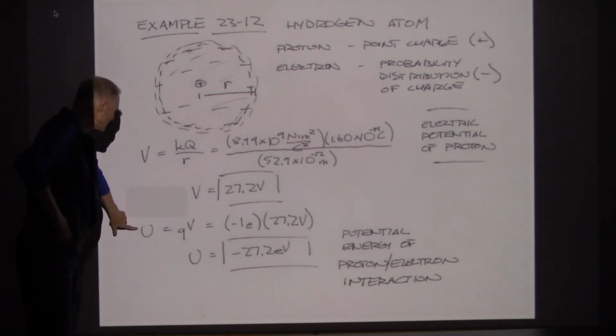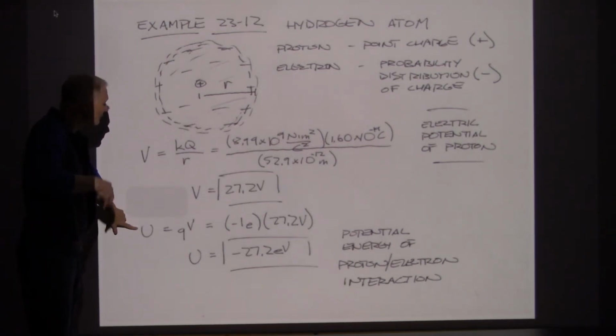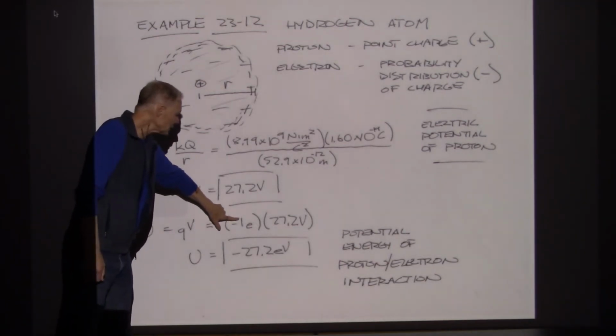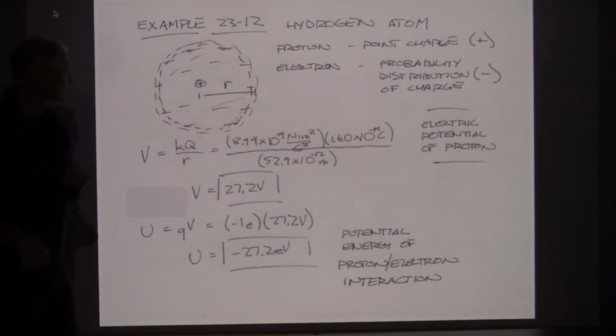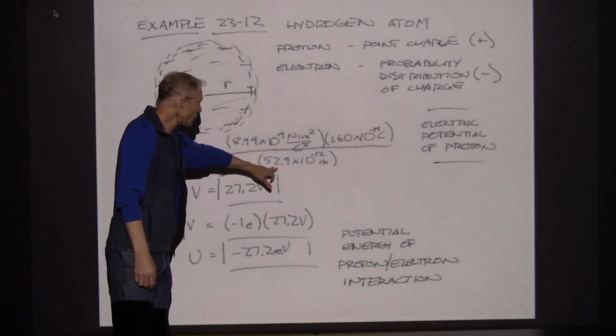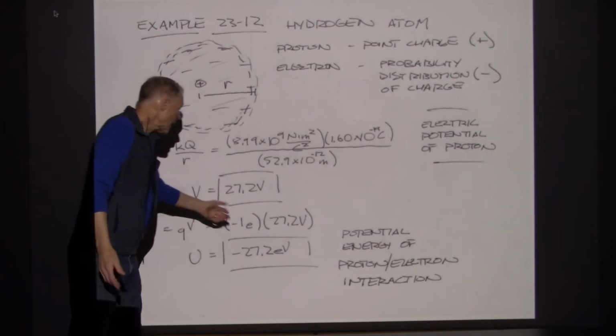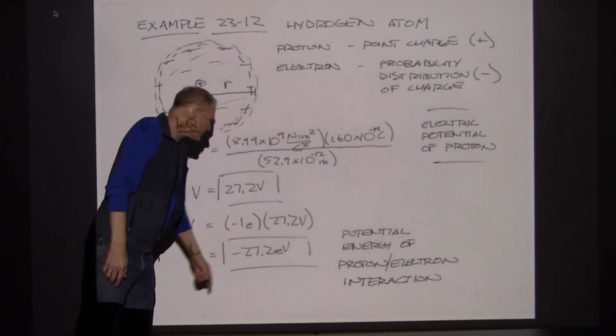Now, how much potential energy would that end up with if an electron were thought of as existing just at one location, 53 picometers from the proton? That would be minus 27.2 eV.